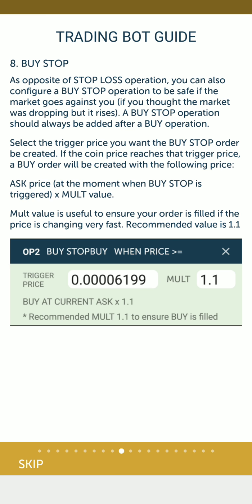So that's how fast the price moves within a matter of seconds. That's why we do the multiplier. So if the price moves that fast, it triggers and it sets the order a little gap from where it got triggered. So it basically throws the order in front of the price. And this actually does work. And I'll get back to that in a minute.